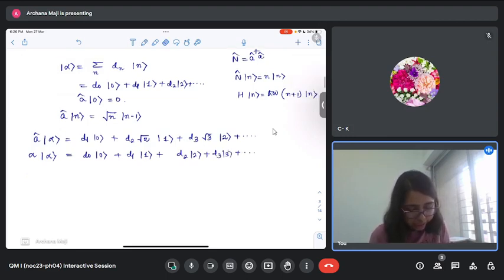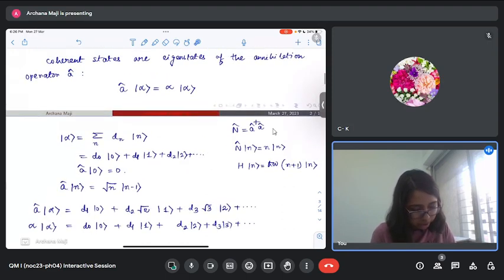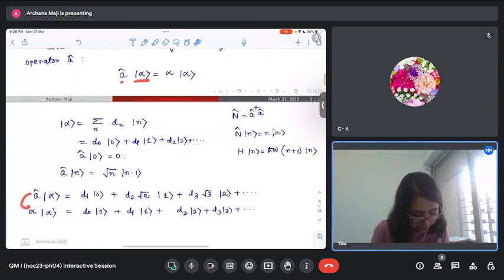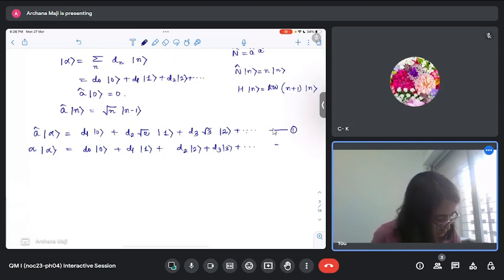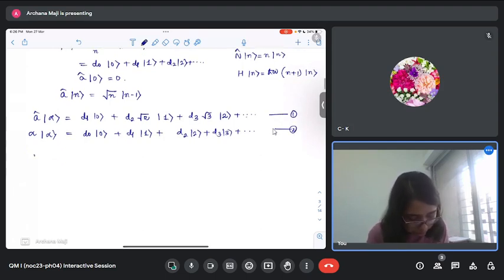Now because alpha is an eigenstate of A, we equate these two. Comparing 1 and 2, we can determine the coefficients.